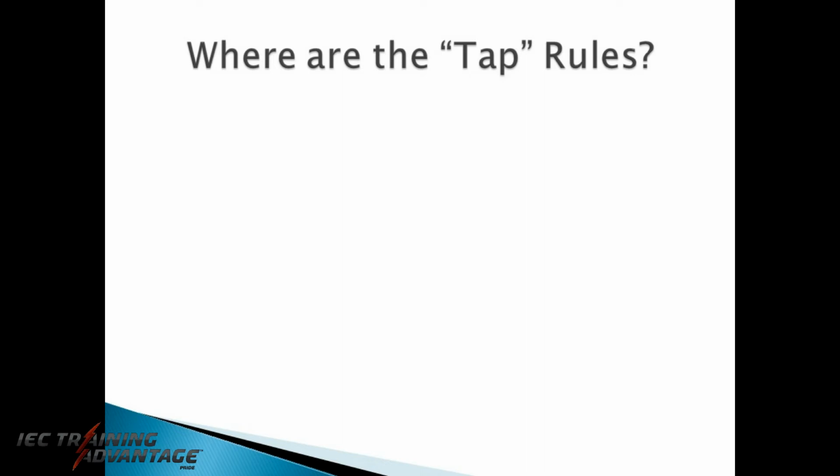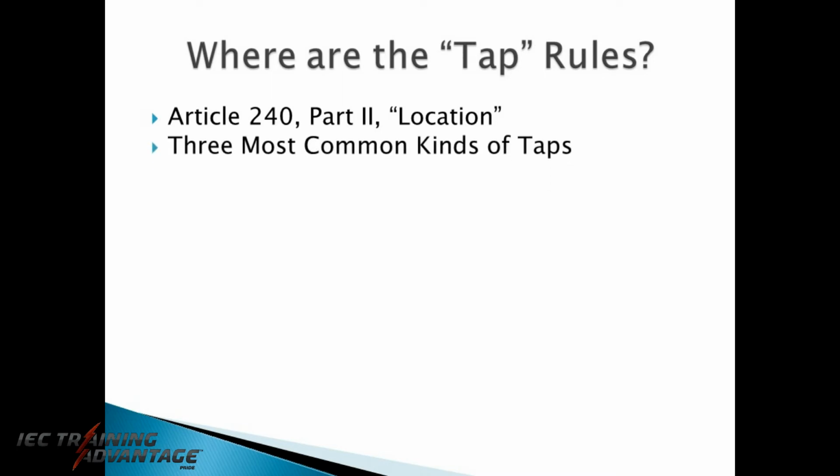So we mentioned that taps are rule breakers. So let's find the rules in the code. It would be good for you to follow along in your code as we do this. Article 240, Part 2, location. It starts with 240.21. There are three common kinds of taps.